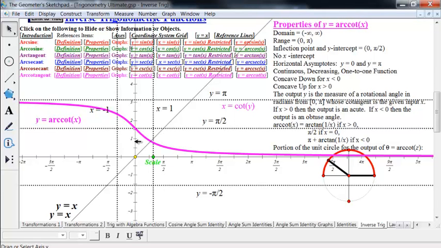It is a continuous, meaning it's one connected piece, decreasing, going down from left to right, one-to-one function. It's concave down in the second quadrant here when x is negative, and it's concave up in the first quadrant when x is positive. The output y you can think of, in the unit circle picture here, as a rotational angle, which is somewhere between 0 and pi.